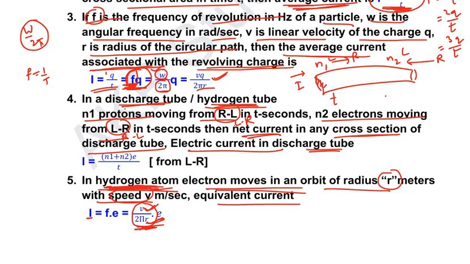I equals N1 and N2 are in opposite direction, so the total becomes N1 plus N2.